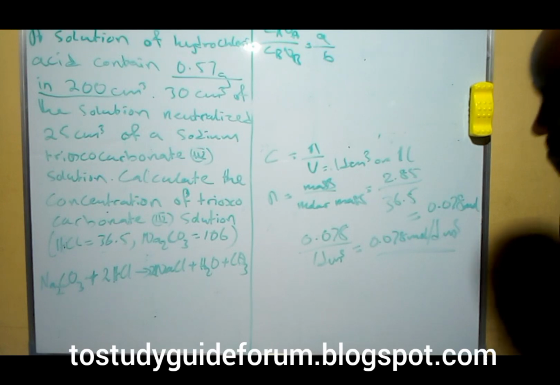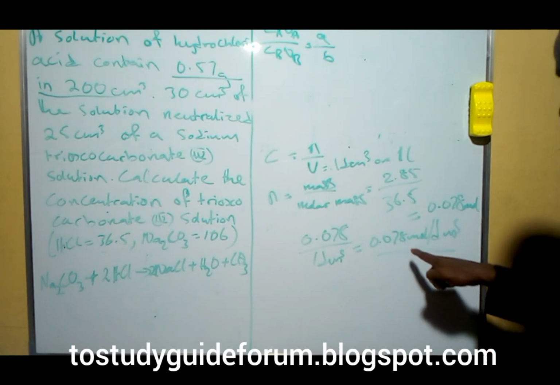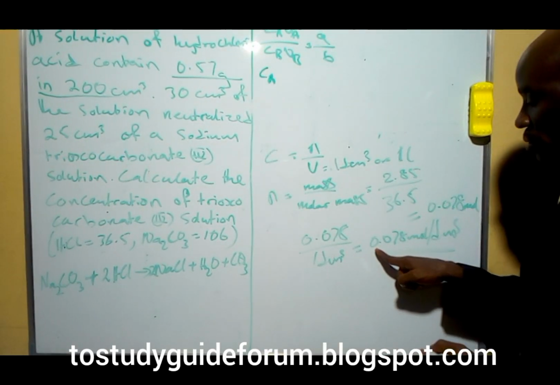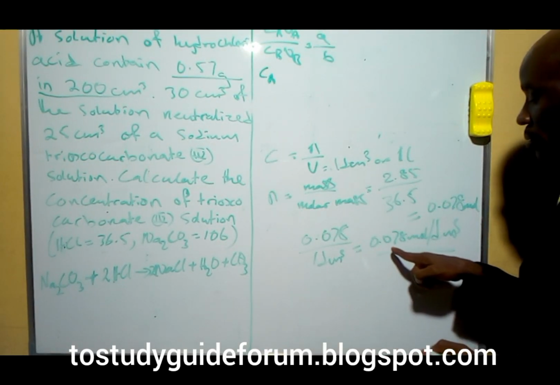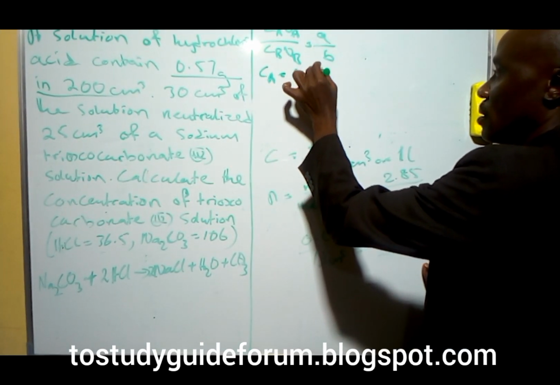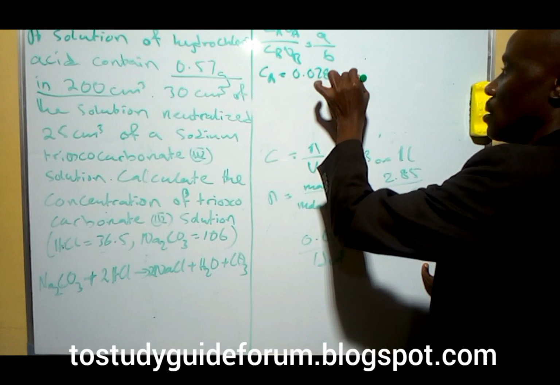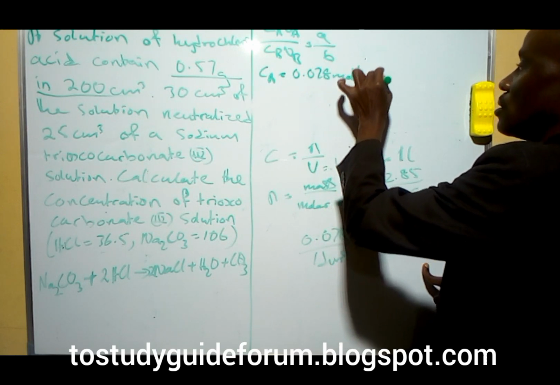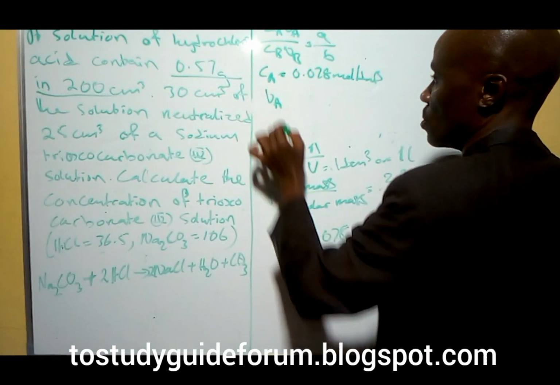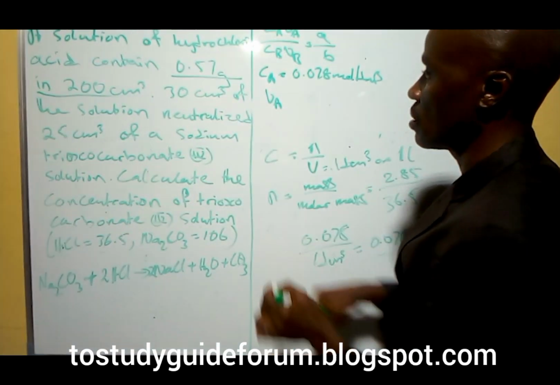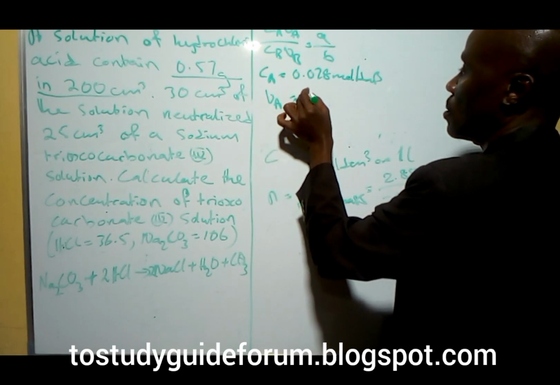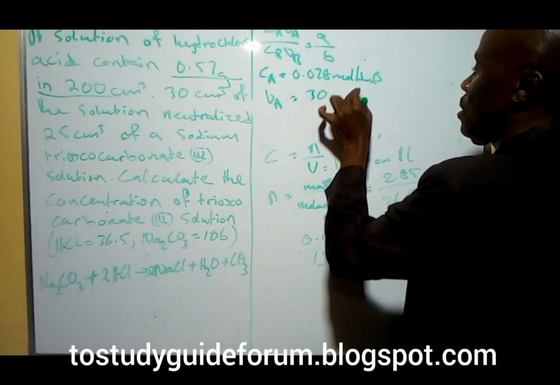In this formula, the 0.078 mole per dm cube is the concentration of the acid, and the volume of the acid, which is given to us too, is 30 cm cube.